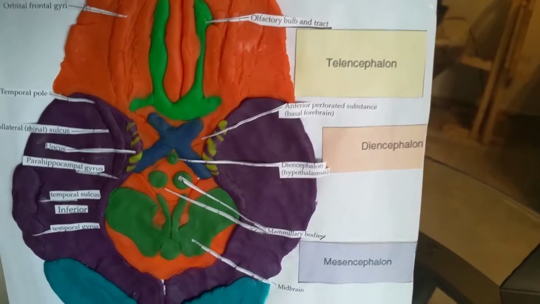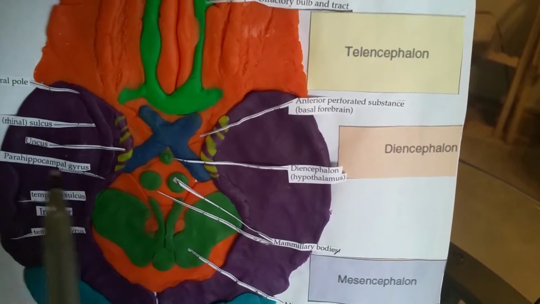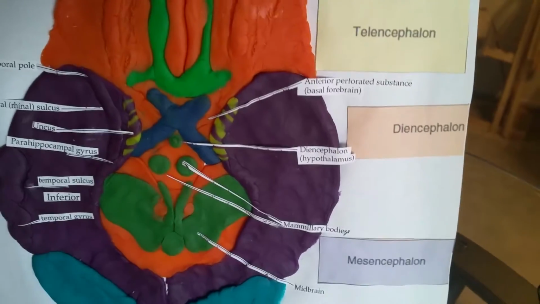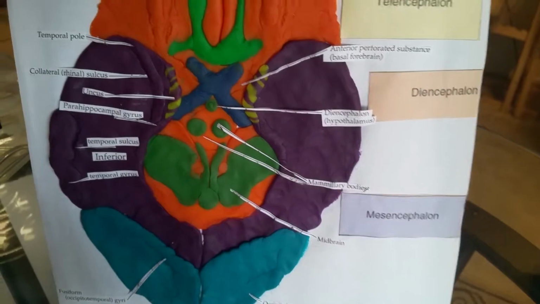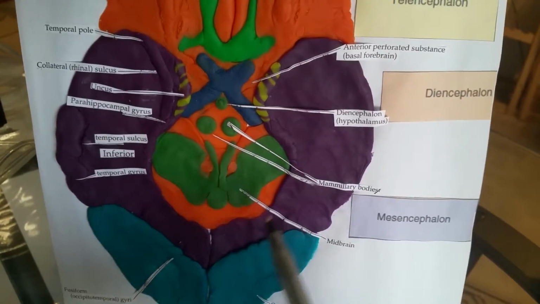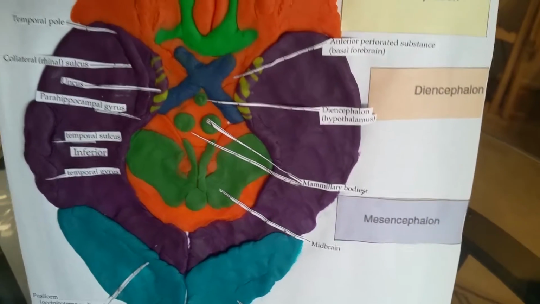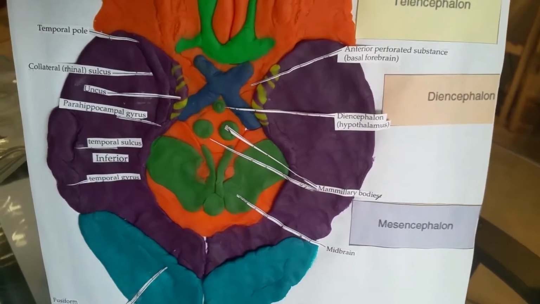And we have the diencephalon, which contains the thalamus and the hypothalamus. Okay, and we'll see the hypothalamus there. Okay, in the midbrain, which is here, we have the mesencephalon, which contains the tectum, which is the roof, and the tegmentum, which is the covering.